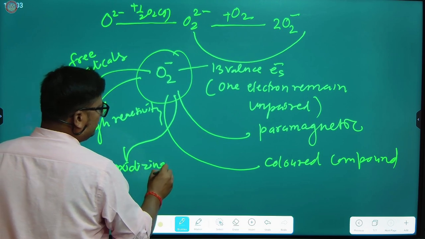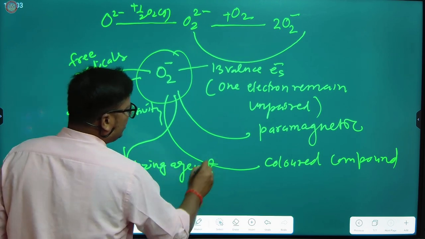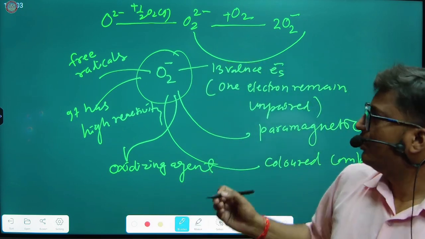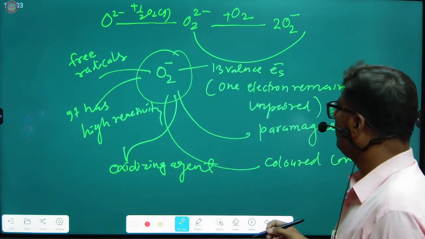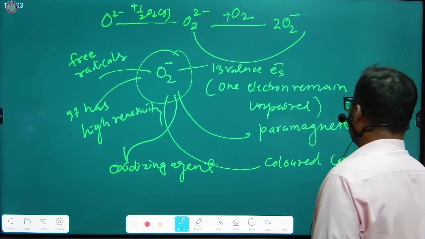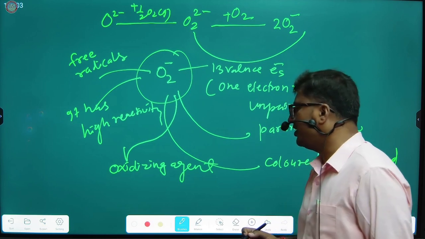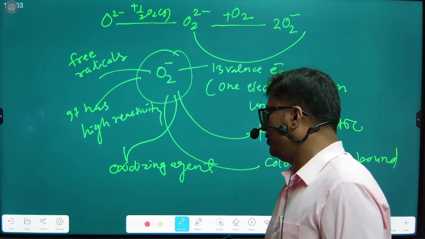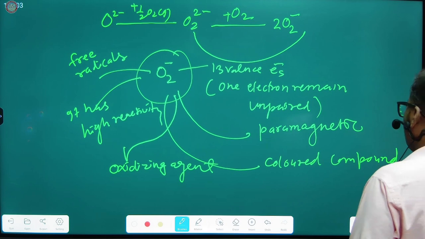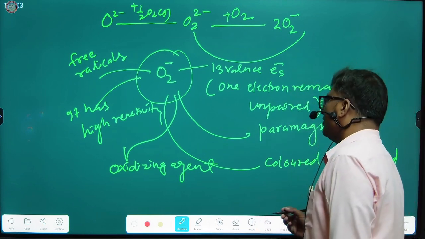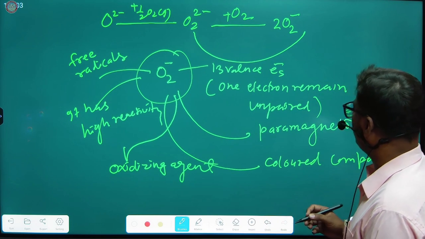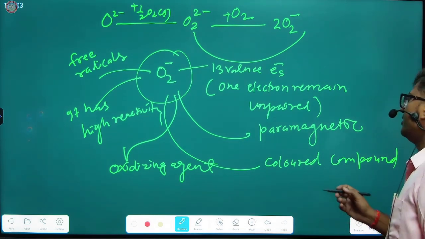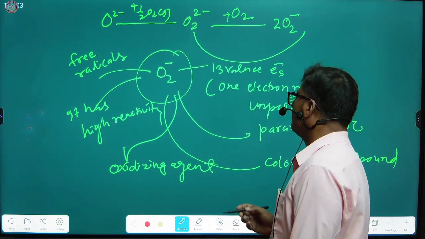The superoxide ion is the most powerful oxidizing agent because of the presence of one free electron. Oxidizing agent means it is highly susceptible to being reduced, through the acceptance of one extra electron, so that it will remain in the paired state, right? So this is the beauty of this superoxide.